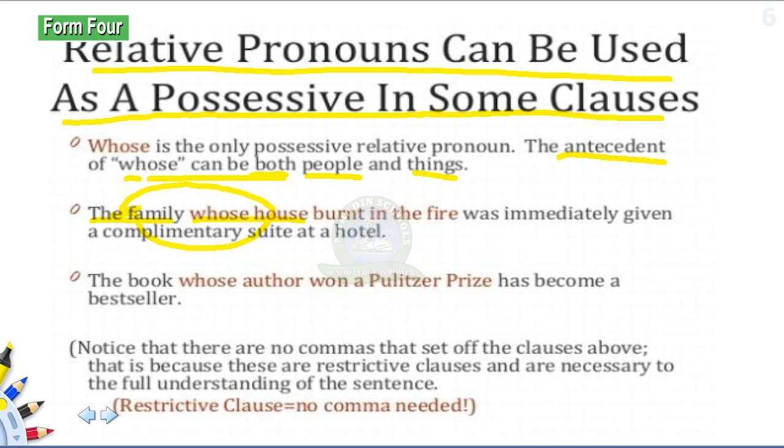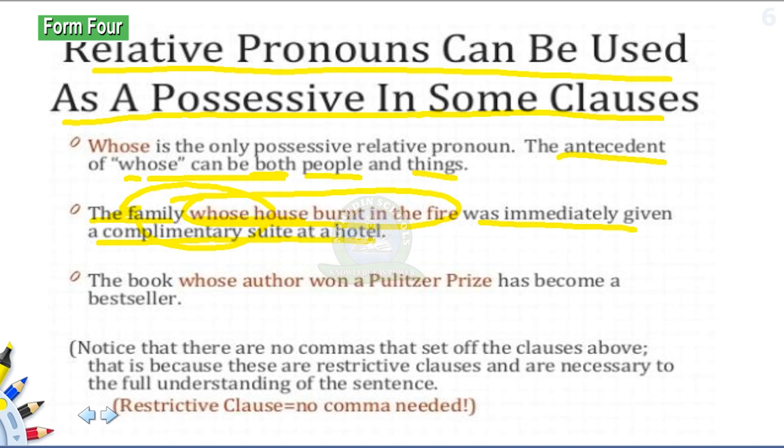So the family whose house burnt in the fire was immediately given a complimentary suite at a hotel. So this house was burnt in the fire. We're going to say it is a relative clause or dependent clause because it introduced the word whose. But the family was immediately given a complimentary suite. Look here, it can stand alone.